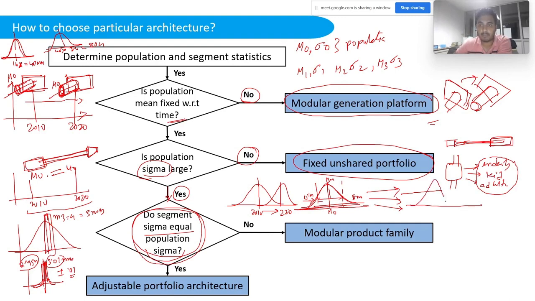So for example, this is the population, this is mu naught, and if we find that the variance is not equal, that means for adults we have something very narrow, we do not want much change. And the mean can also vary.